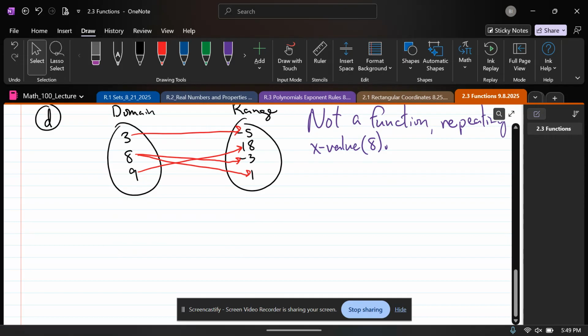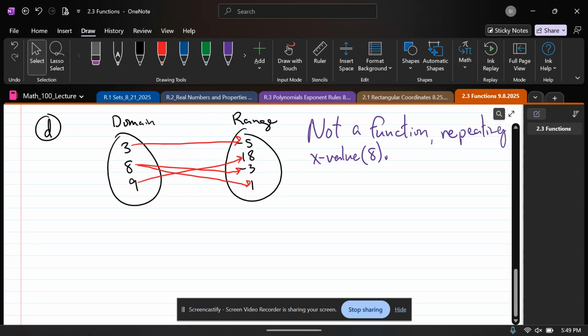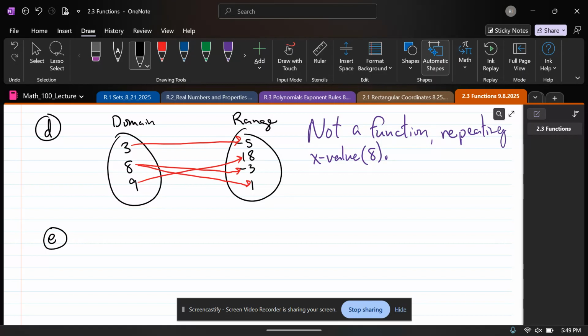You don't have to have graph paper for this. This is just sketching a rough sketch of a graph. So example E. Okay. I'm just going to draw a little coordinate plane, just a small one. Doesn't have to be really big. So there's me an x-axis and a y-axis.